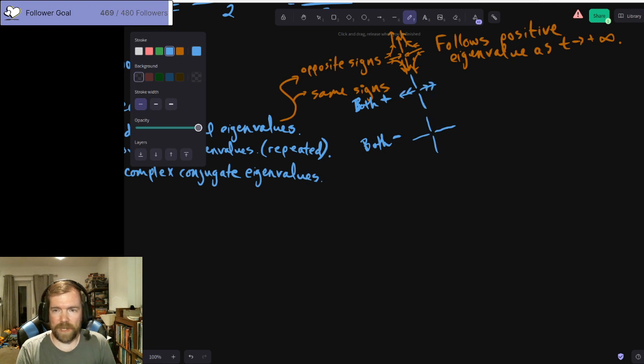Both of our vectors are going to be pointing outward with some amount of magnitude. We don't know exactly how much, we're just doing this very generally. But that means that as we go further away from our origin, all of the possible paths are going to be moving away from our origin.